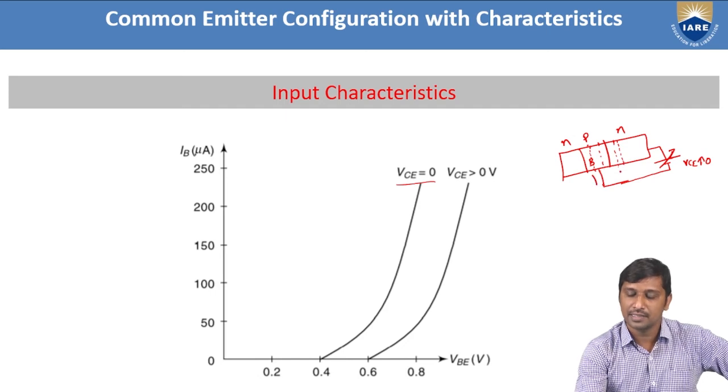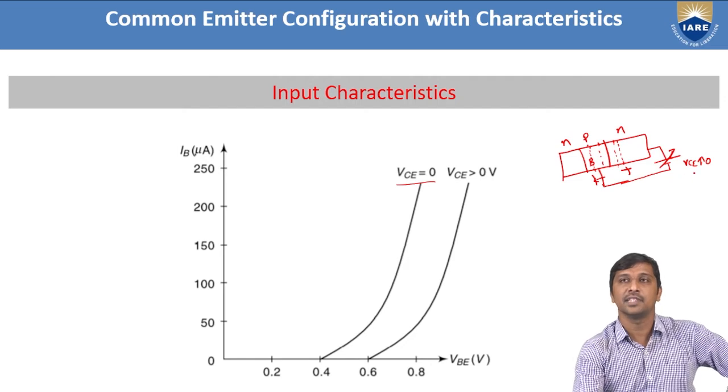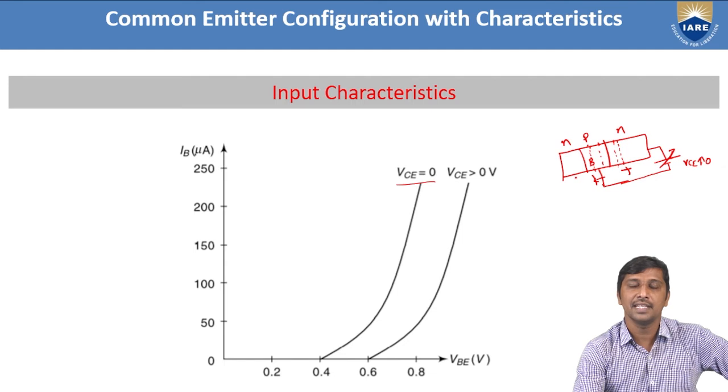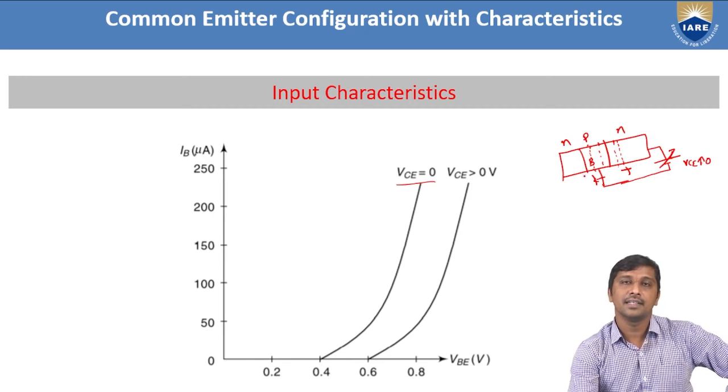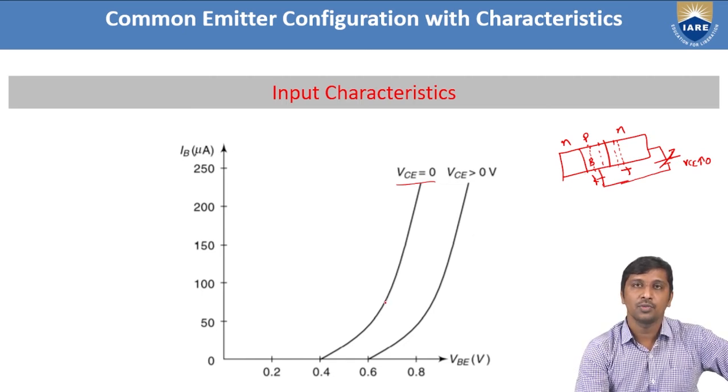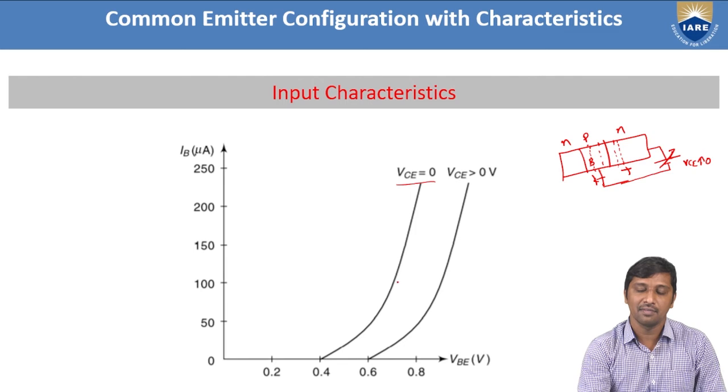So this depletion layer is formed when VCE is increased from 0 to some certain voltage. When VCE is increased from 0, the base width decreases. If the base width decreases, the number of charge carriers also decreases. To allow the same conduction as when VCE is 0, we need to apply a larger voltage, so the curve shifts towards the right.